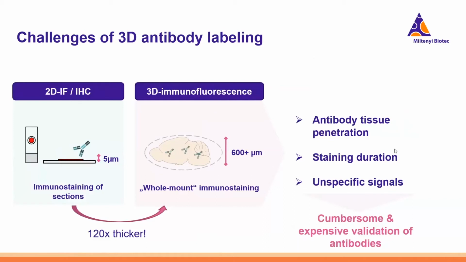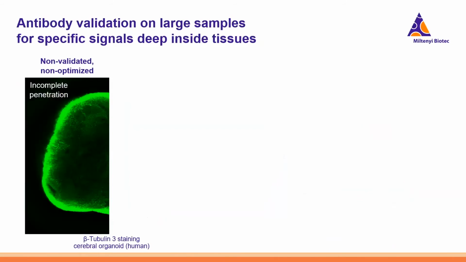It takes very long to stain these large samples with antibodies, and also these large samples come with a lot of unspecific signals, so background, making this whole process very cumbersome and also expensive to validate these antibodies. And this is something we were focusing on when validating a new portfolio of antibodies for this application.